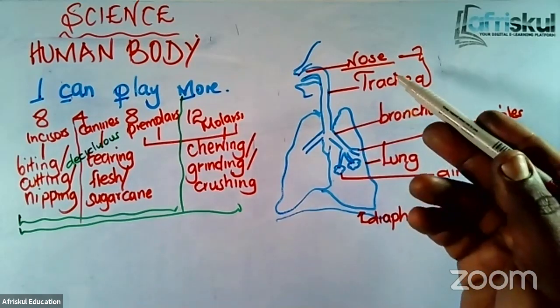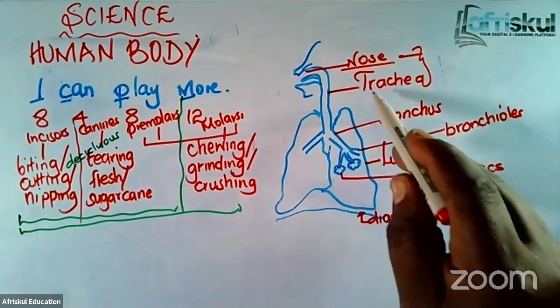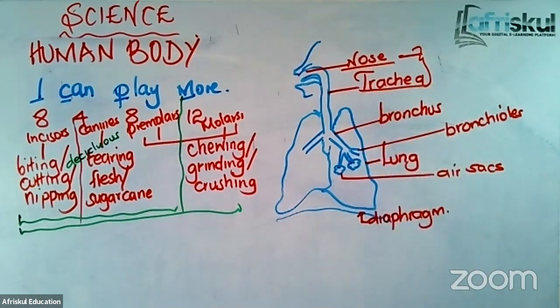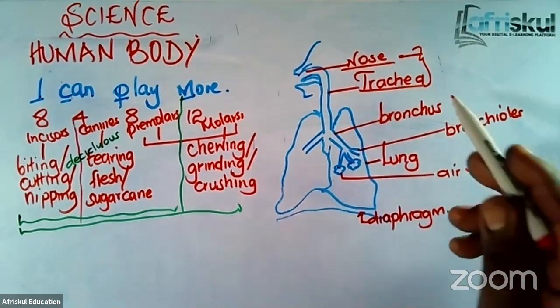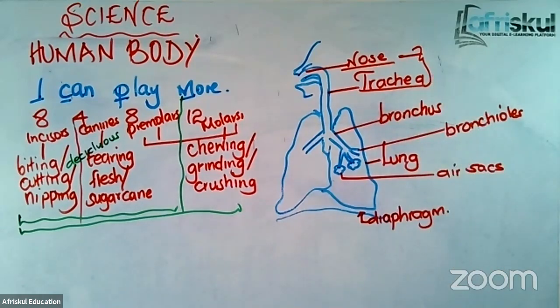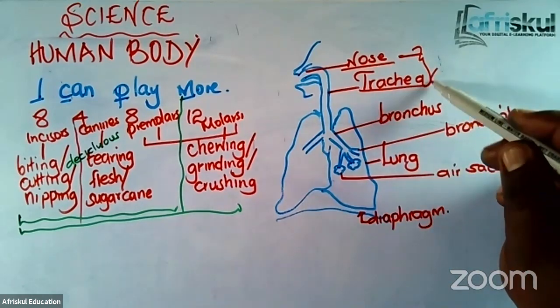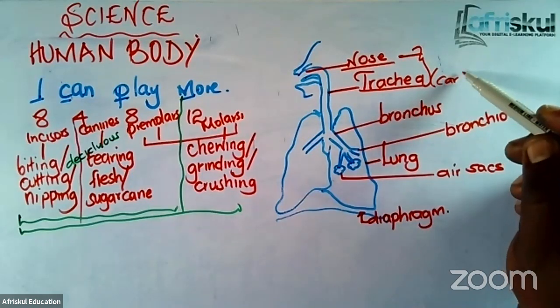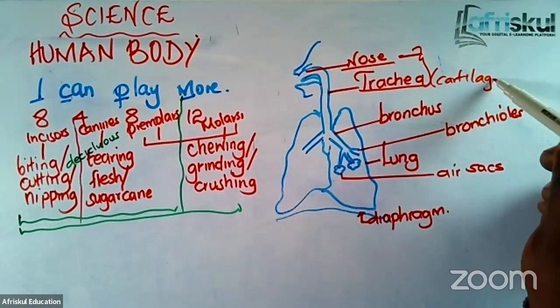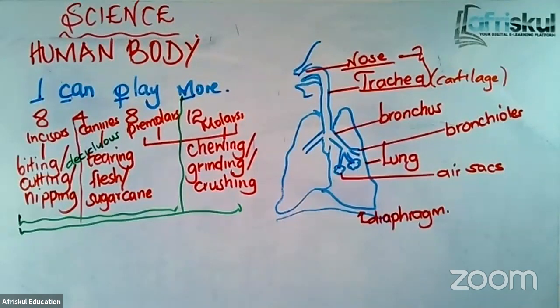This one helps to clean the air. The same to the trachea, it helps to clean the air. It also has got small hairs and some mucus. Note that the trachea is made of a material known as cartilage, which keeps it open. Your trachea must be open at all times. This one enables the lungs to always get the air.